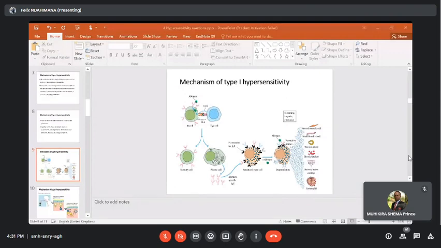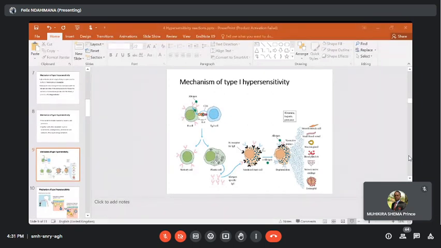So at the first exposure, these antibodies are produced against this allergen, and they will coat mast cells and basophils in saturation, anywhere in the body where this allergen has entered. And of course, there will be this population of memory cells.